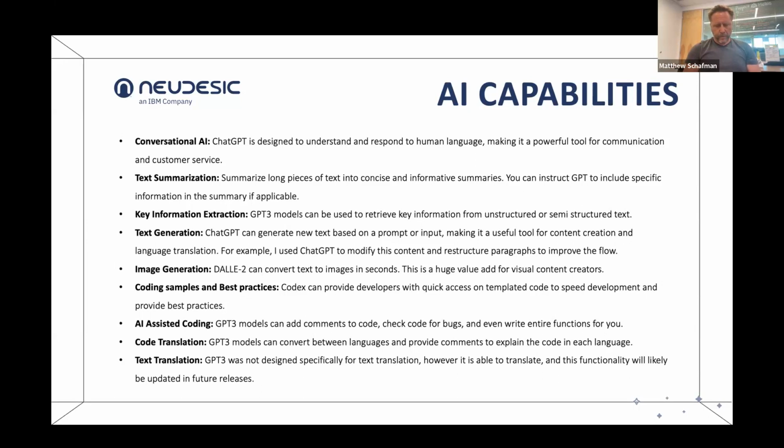Another way to summarize is through comments. If you have a long list of comments or customer inquiries, you could summarize the biggest pain points and the sentiment as it relates to the copy or text you provide. So that's another method.